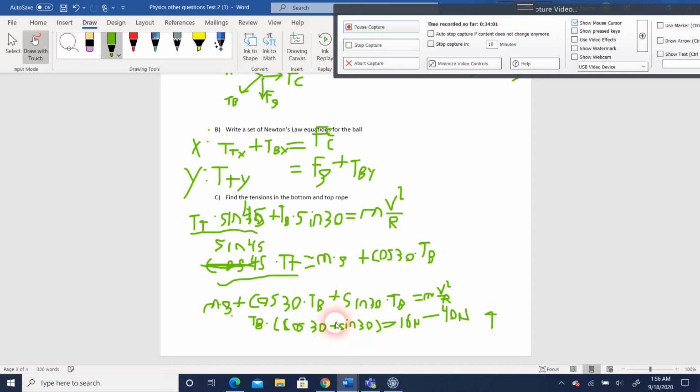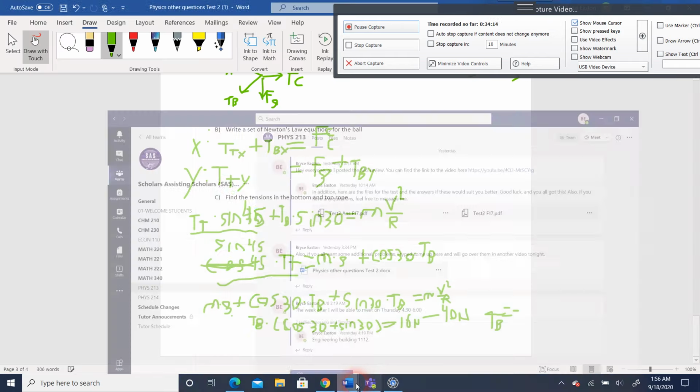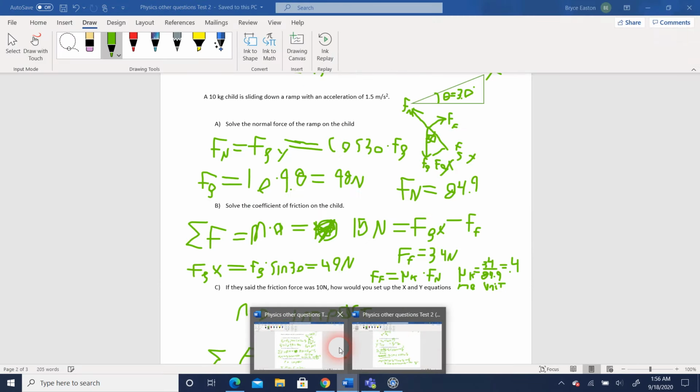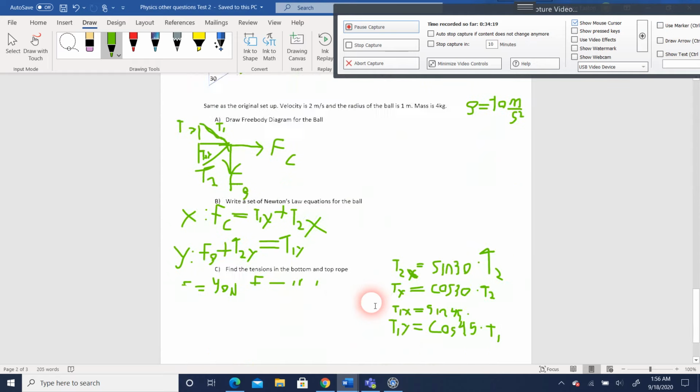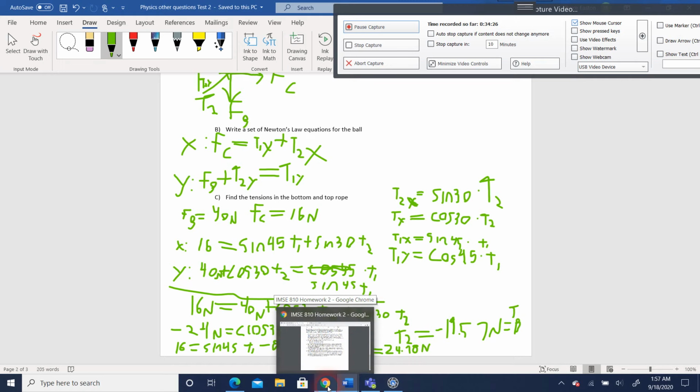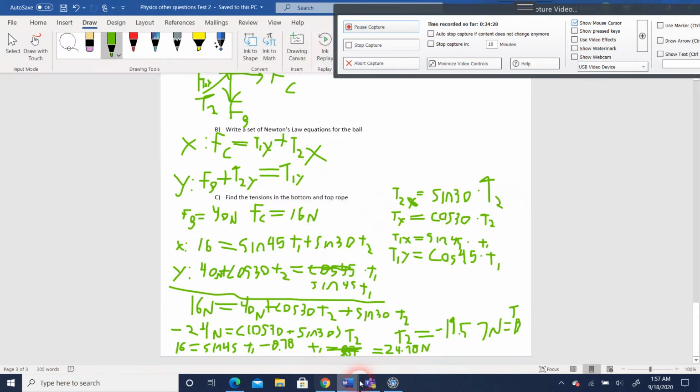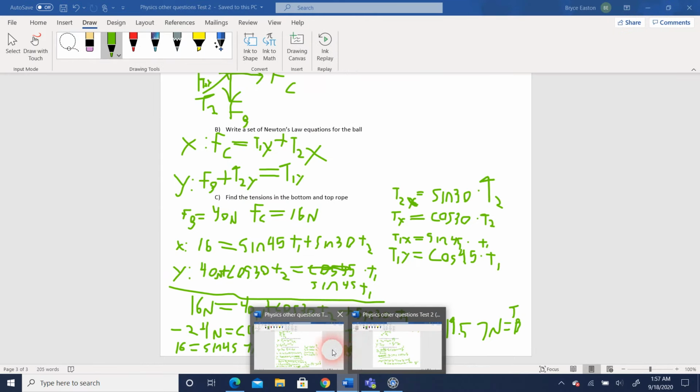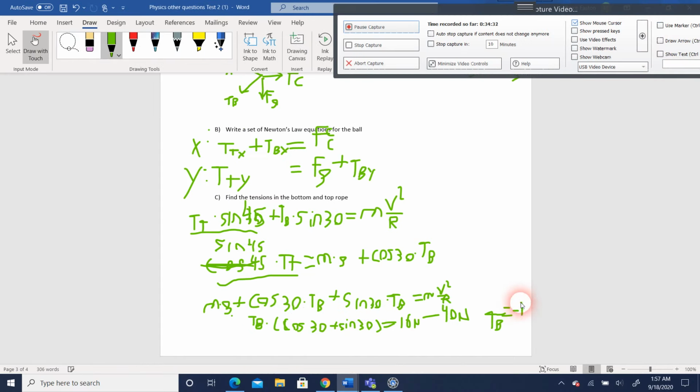We add those up and divide that over to get our answer of negative 19.6.